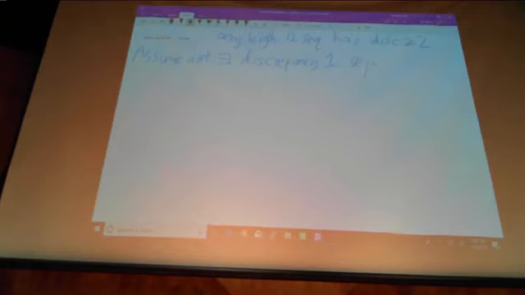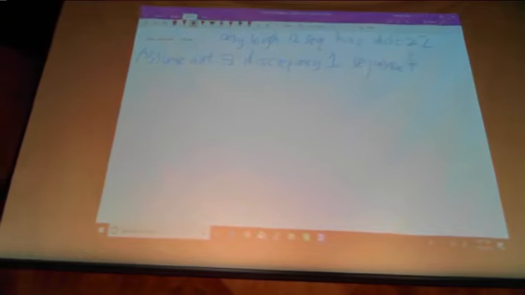So the way you prove this is by contradiction. So assume not. Suppose you have a sequence of discrepancy 1, a discrepancy 1 sequence f of length 12.